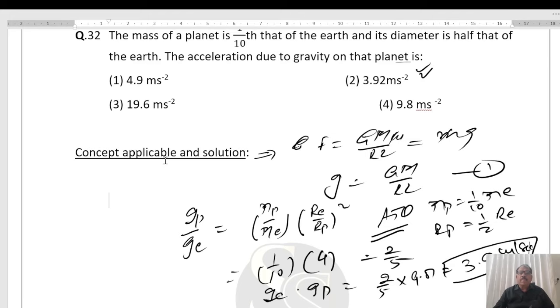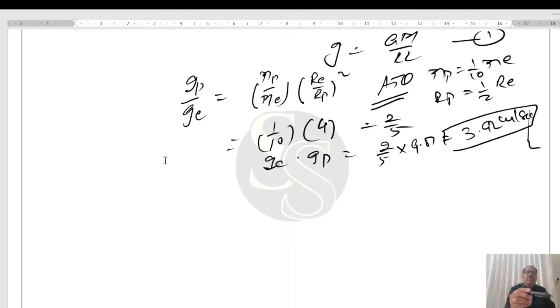Additional information, which will be useful for NEET, CET, entrance examinations, etc. You know Kepler's law, T square proportional to R cube, right?